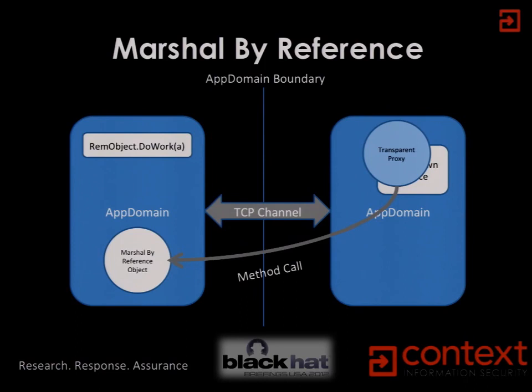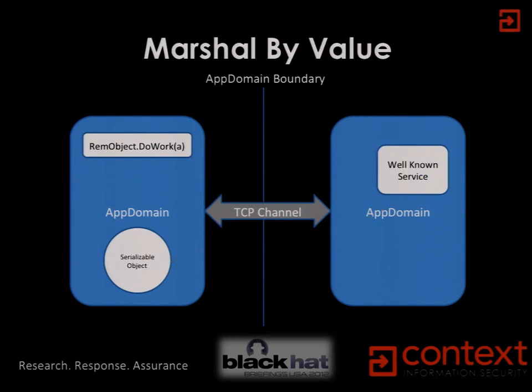But sometimes that's not appropriate, so there's another way of doing it. If your object is serializable, then it will actually get directly converted to a binary blob, and when that gets passed across the link, it recreates a copy of that object at the other side. So any function calls on that object will be local to that app domain. But obviously, I've talked about binary serialization. You can kind of guess what technology it uses to do this binary transformation.